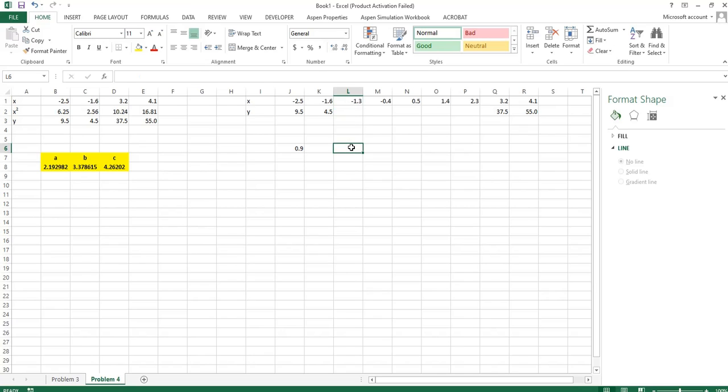It will not give us 0.9. Let me check. L1 minus K1 will give me 0.3. So the difference here is not the same.